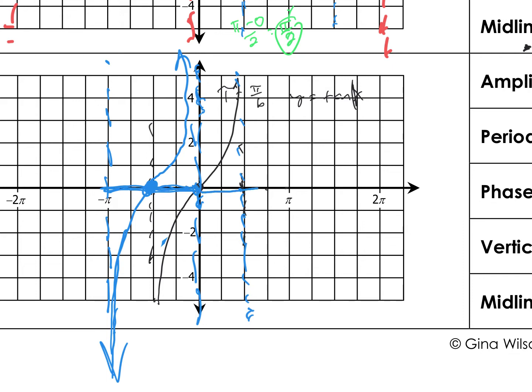Here's the second pi. So my next cycle is centered there. The black one was the original parent again. I just did that to see what's happening. But this one has to have an asymptote at the 0, like I said. Then I've got to go over half a pi, pi over 2 here. There's the other asymptote. So here goes. Up from the bottom, cross over, there it goes.